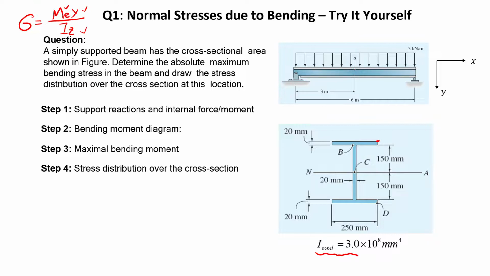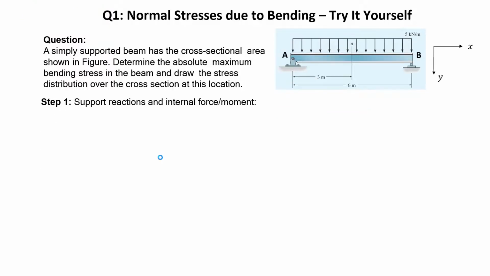You want to find the maximum moment at any position, but you need to find the maximum moment first of all. Using the maximum moment times the maximum y, which will give you the maximum stress. Okay. Let's start from step 1.